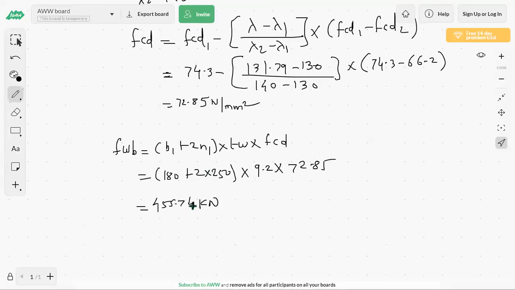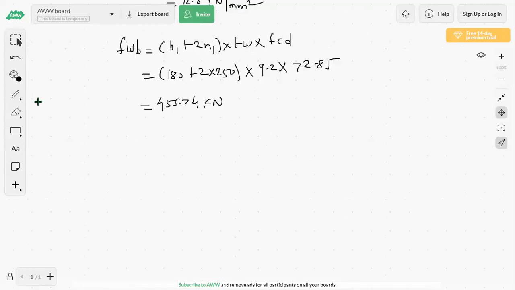Okay. Now this is the buckling strength. Now part b, we have to check for web crippling. Check for web crippling, so FWC we have to calculate.